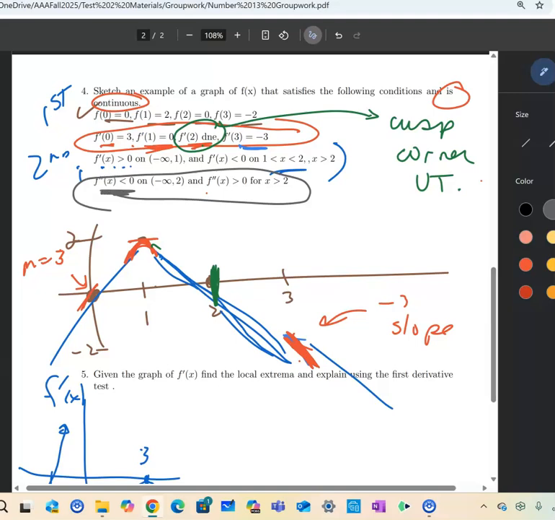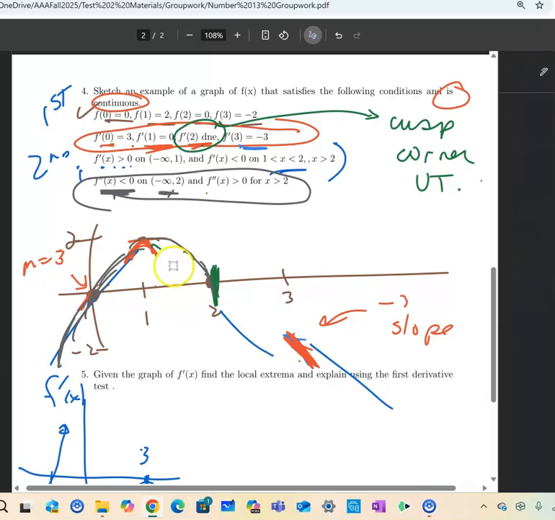Second derivative negative means it's concave down. So it's always cupped down before 2. Cup down, and then cup down. So then I would get rid of that, right? It's because it's cupped down, and then back, cup down.